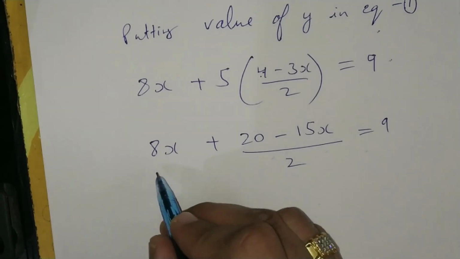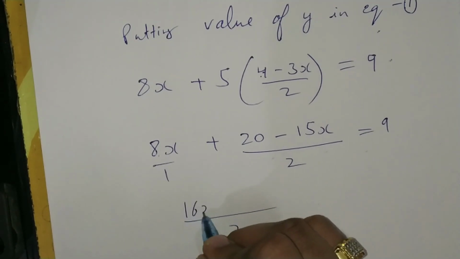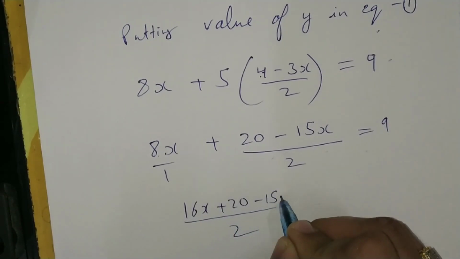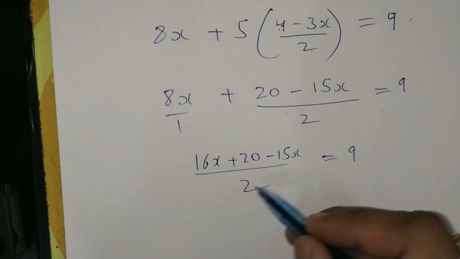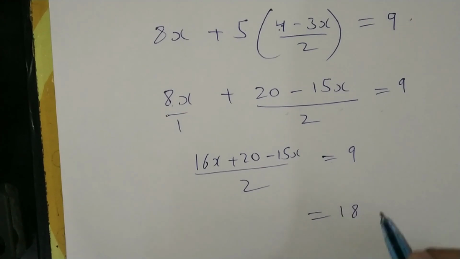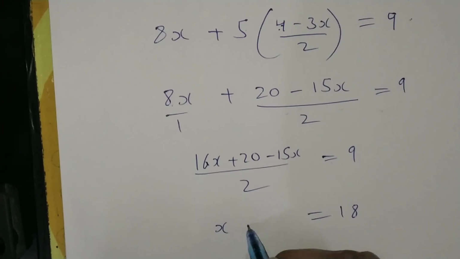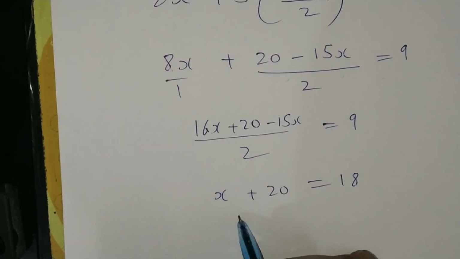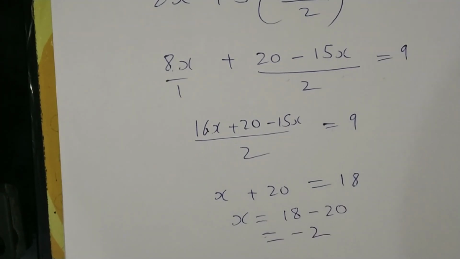So take LCM as 2. 8 twos are 16x plus 20 minus 15x is equal to 9 twos, which is 18. 16 minus 15 is x, plus 20. So x is 18 minus 20, which is equal to minus 2.